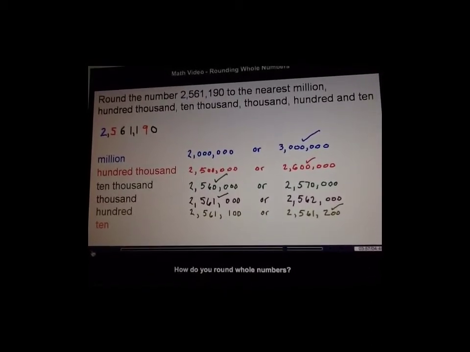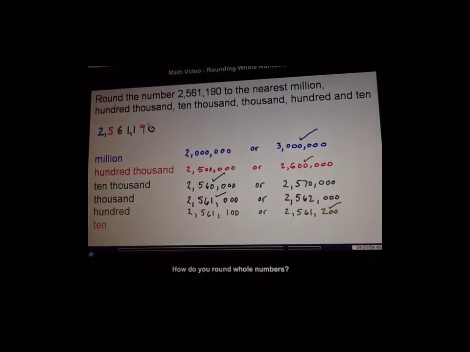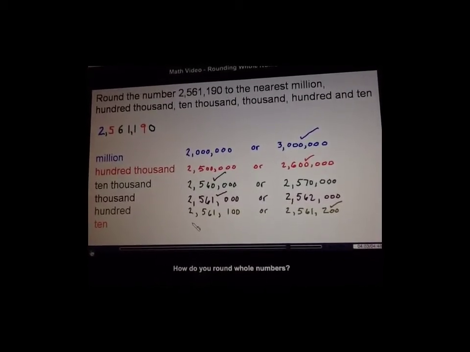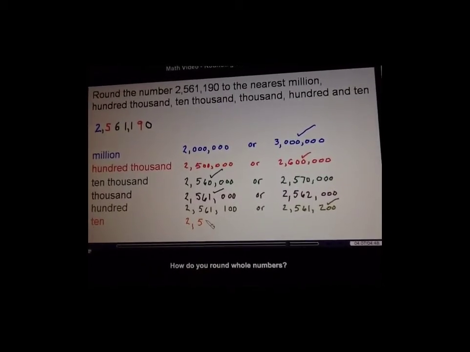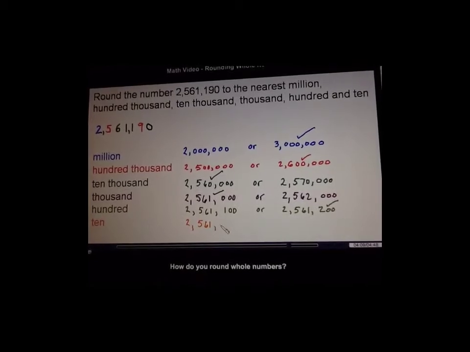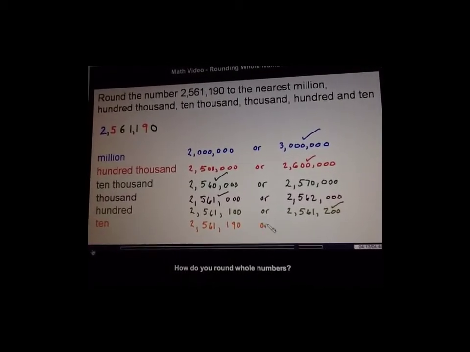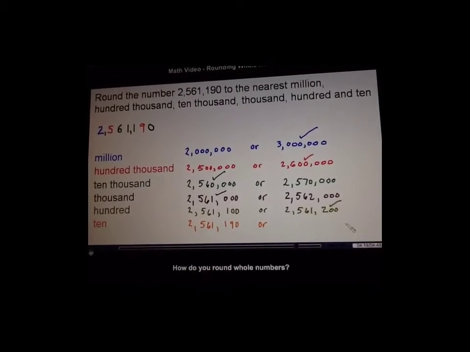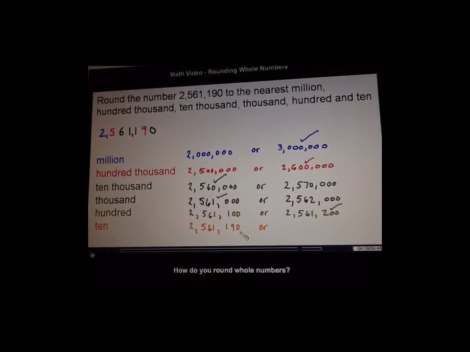And finally, we can round to the nearest 10. The tens digit is a 9. So we can either round down to 2,561,190 or we can round up. Now this one's a little tricky because when we round up, the next 10 after 90 is 100.